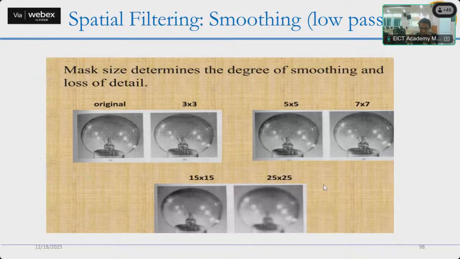Because when you take a bigger size of the average filter or mean filter, all the surrounding values come into play at that pixel. So what will happen? It will smoothen out. That's why the level of smoothening will be far more when the size of the mask increases. But remember, is there any disadvantage? Yes, one disadvantage is that you lose detail in that case.